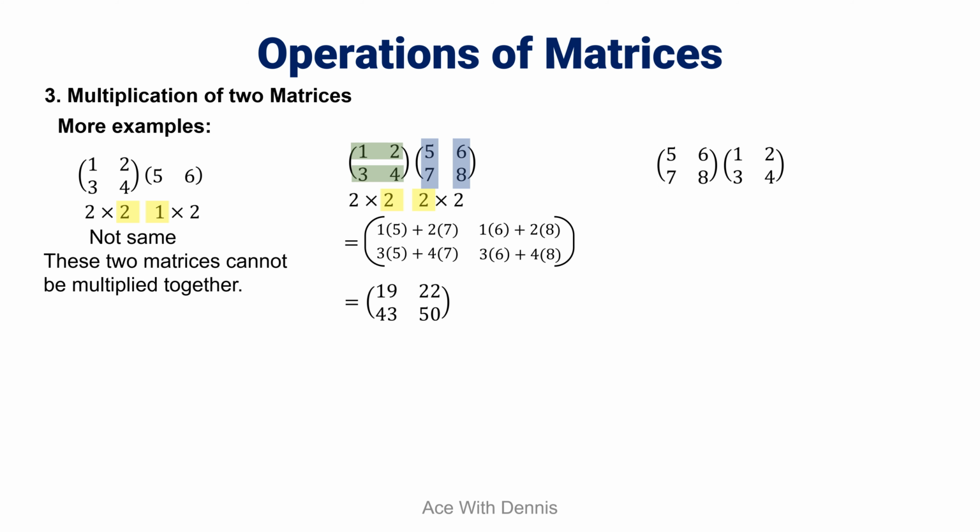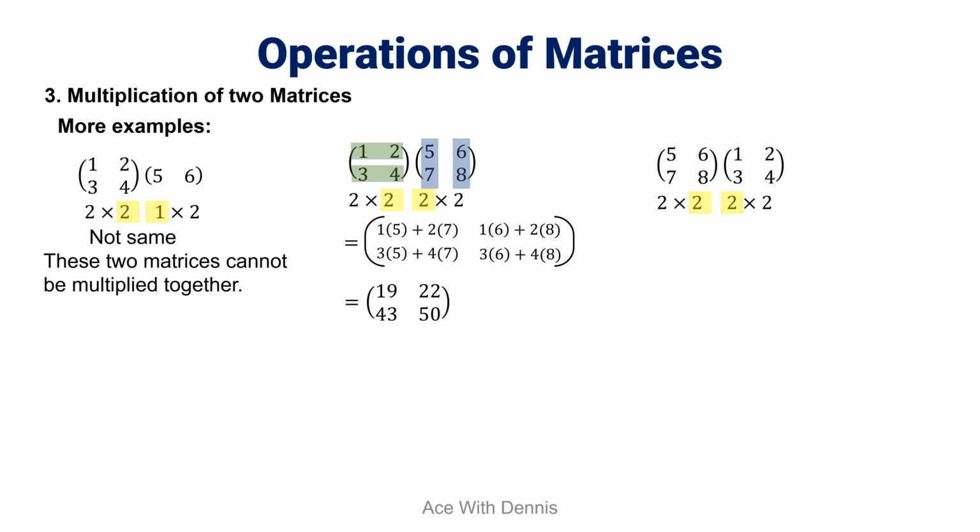Alright, now we move on. Let's switch the position of the matrix. Just now we have matrix A times matrix B. Now let's try matrix B times matrix A. So it is 5, 6, 7, 8 multiplied with 1, 2, 3, 4. So again, let's test if we can multiply these two matrices together. The order for the first matrix is 2 times 2, and the order for the second matrix is 2 times 1.